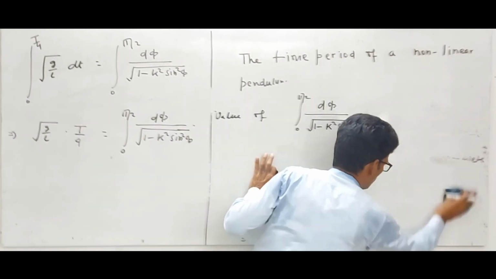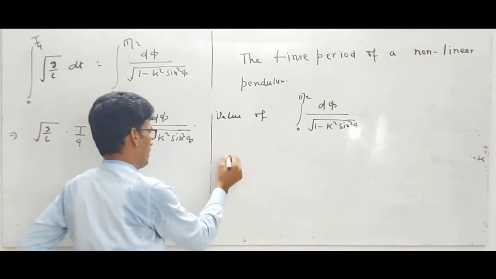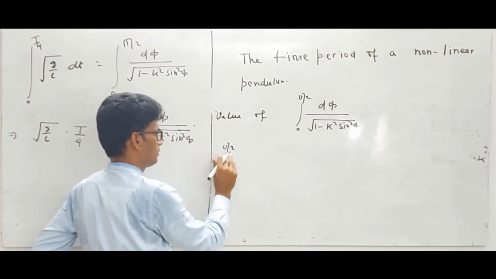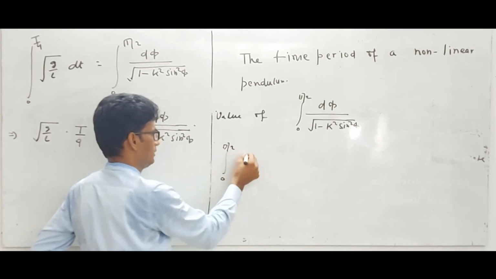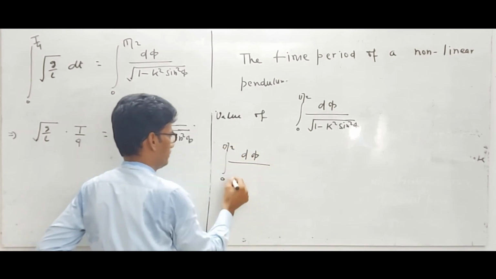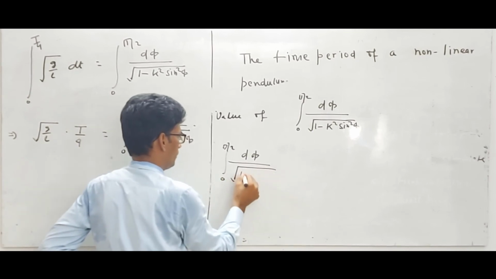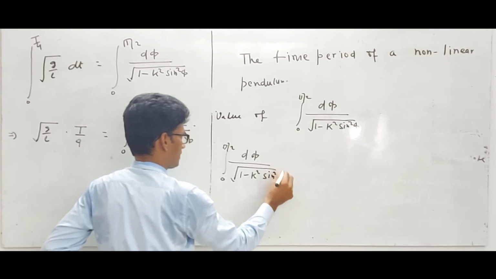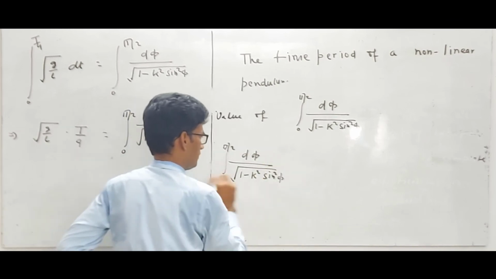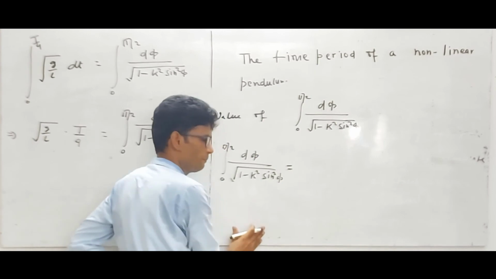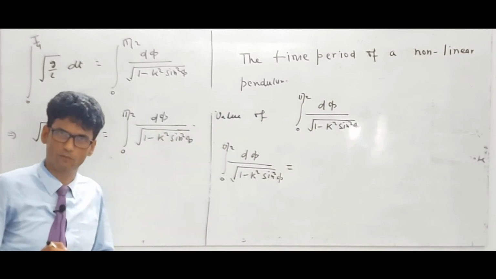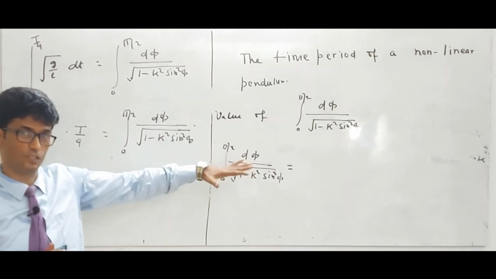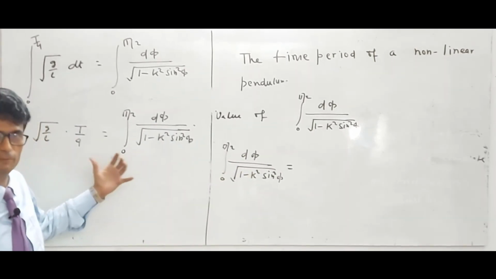Now I'm going to erase this. The value of 0 to pi by 2 d phi over under root 1 minus k square sin square phi comes out by using the power series. However, it is also beyond the class 12 syllabus, but we are using it for the sake of interest in the non-linear pendulum.